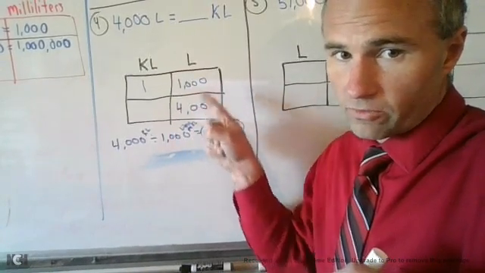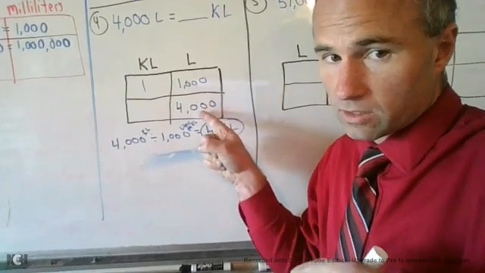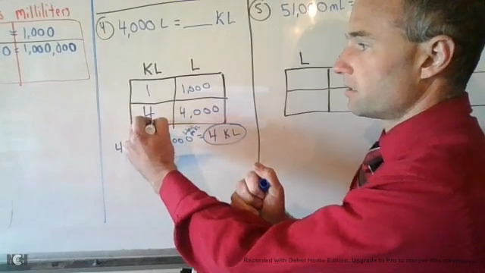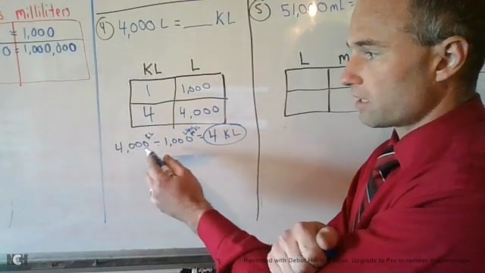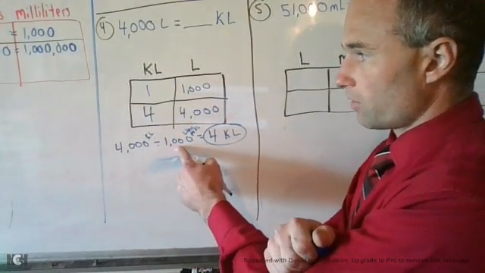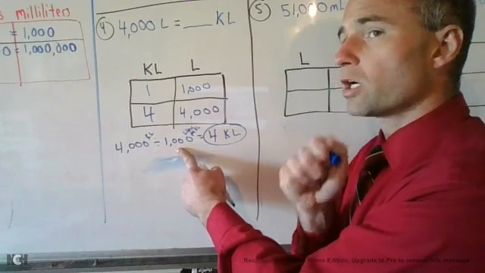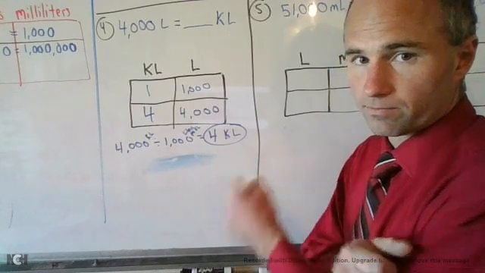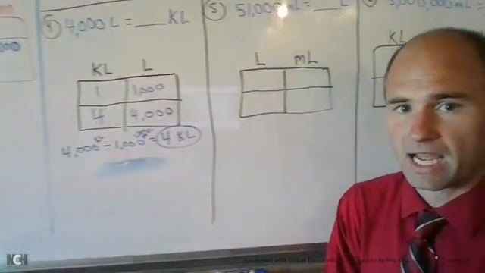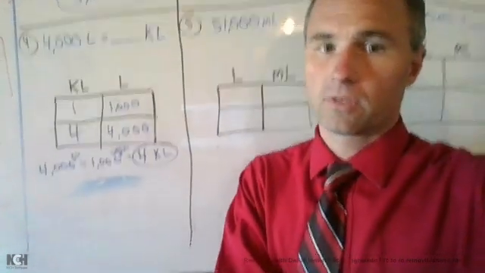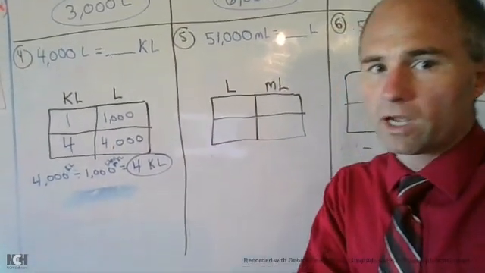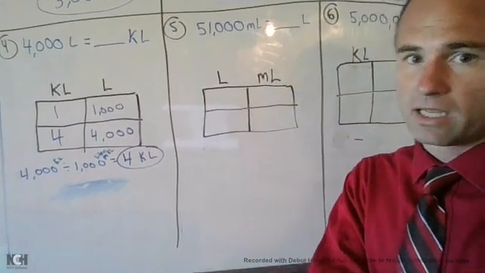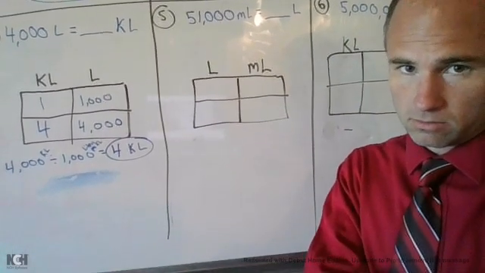So if I have 4,000, not just 1,000, it's going to give you 4 kiloliters. 4,000 liters divided by the 1,000 liters per kiloliter makes that 4 kiloliters. Number 5. 51,000 milliliters gives you how many liters?